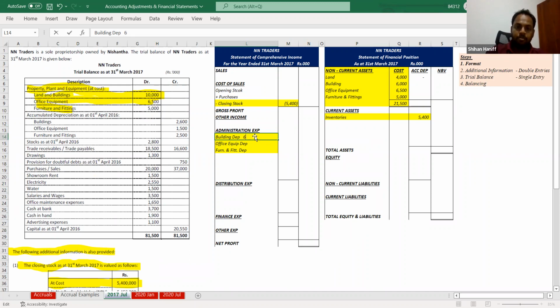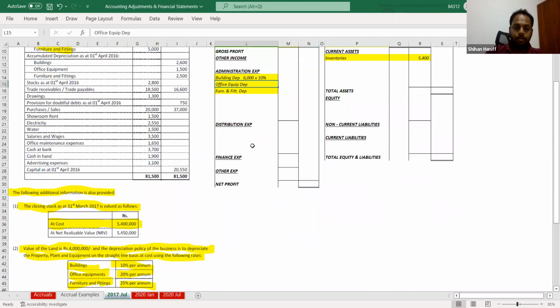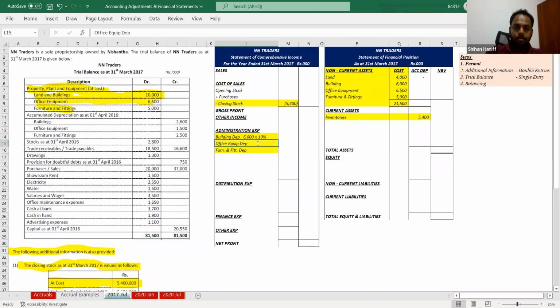Building cost is 6,000. Office equipment 20%.